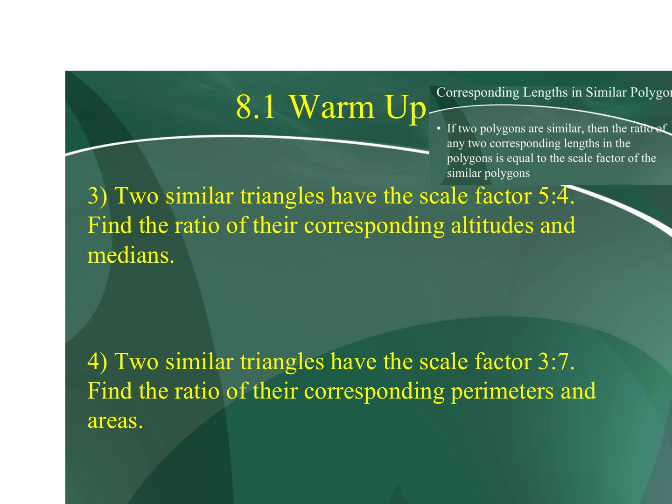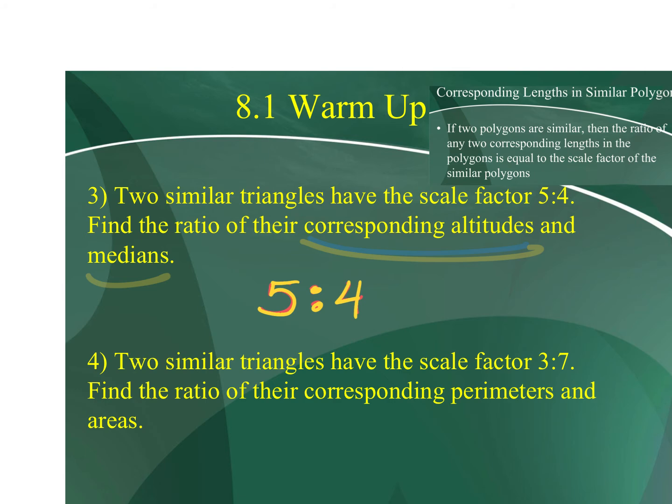So the corresponding altitude ratio and the corresponding median ratio is going to be the same. It's 5 to 4. So any corresponding side length or altitude or median will have the same ratio as the scale factor.